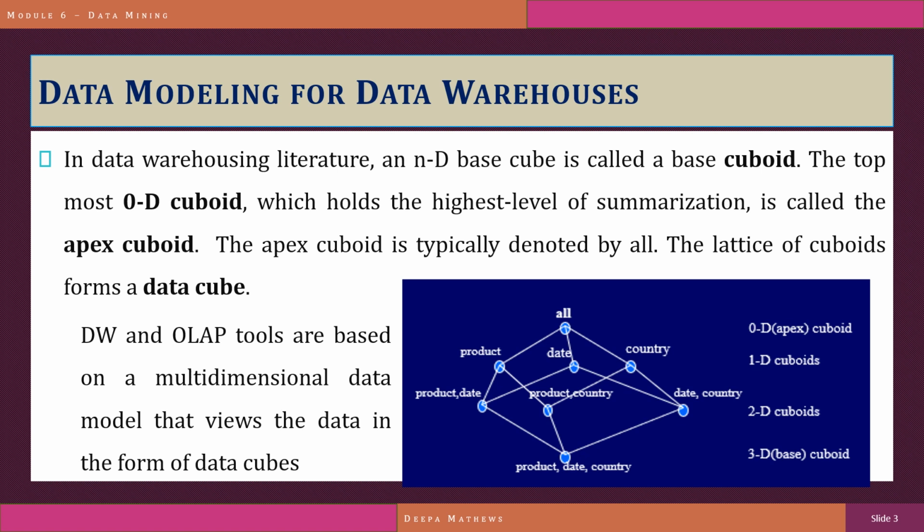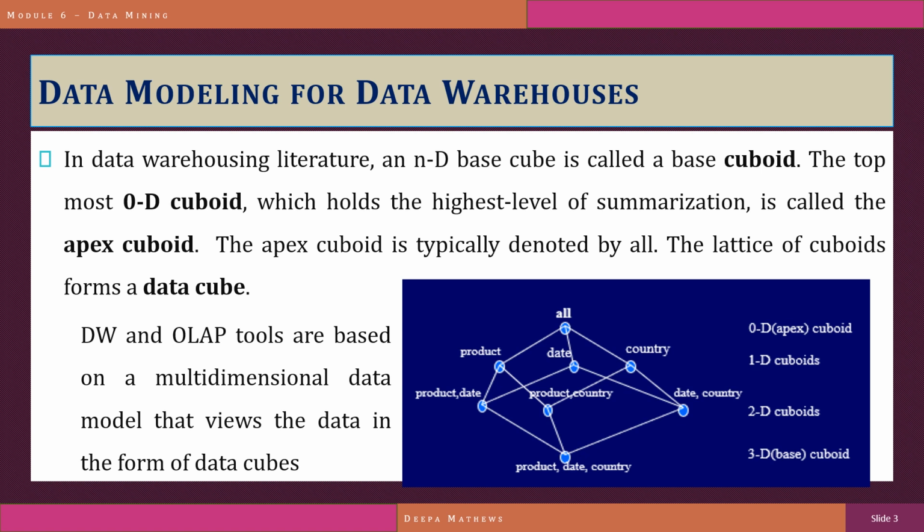We combine product and date to form product-date, then product-country, and similarly date-country. That represents the two-dimensional cuboids. Then by combining product, date, and country together, we get the 3D cuboid. So it is a three-dimensional cuboid.